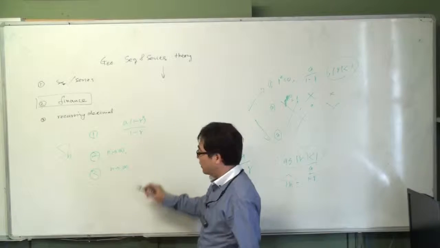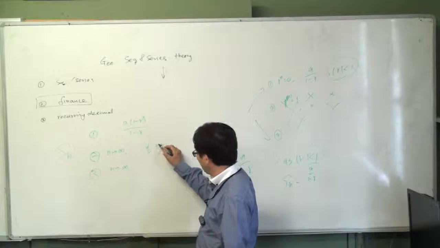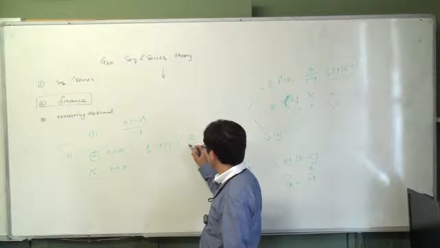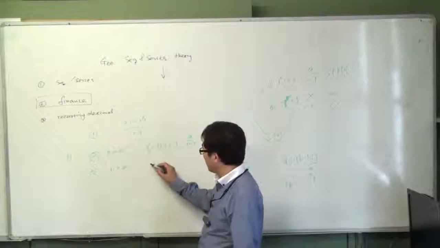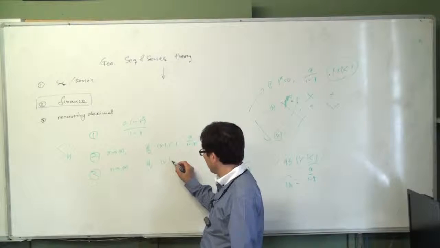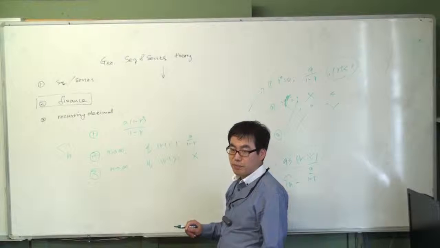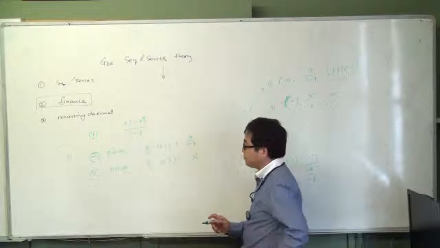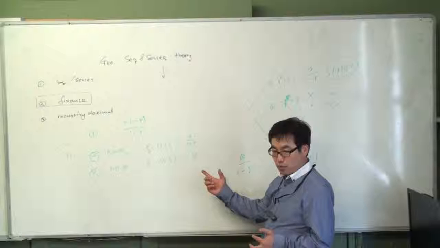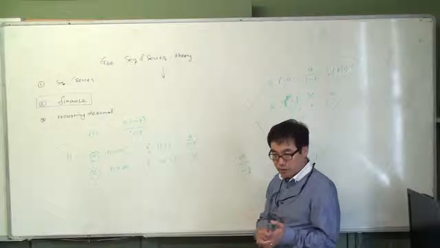The 2 cases. If R is bigger than or equal to 1, then not exists. There are 3 formulas. So your questions are sorted out.